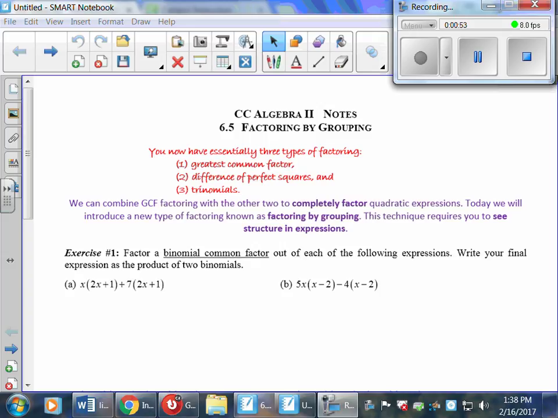So in exercise 1, remember, I always like to try to do it the reverse way before we start doing it the more difficult way. In exercise 1, factor a binomial common factor out of each of the following expressions. Write your final expression as the product of two binomials.